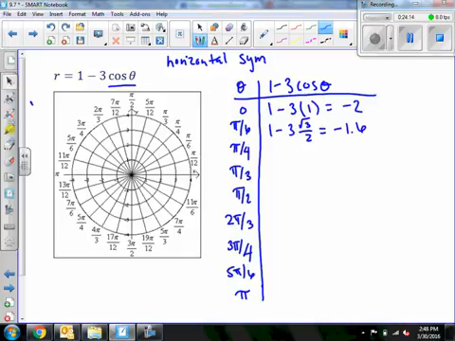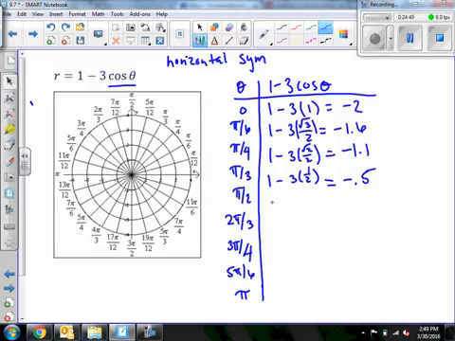If I plug in pi fourths, this is 1 minus 3 times radical 2 over 2. I think it's negative 1.1 approximately. And these are all rounded approximations. If I plug in pi thirds, I'm going to be at 1 minus 3 times 1/2. Cosine of pi thirds is 1/2. 1 minus 1.5 is negative 0.5.